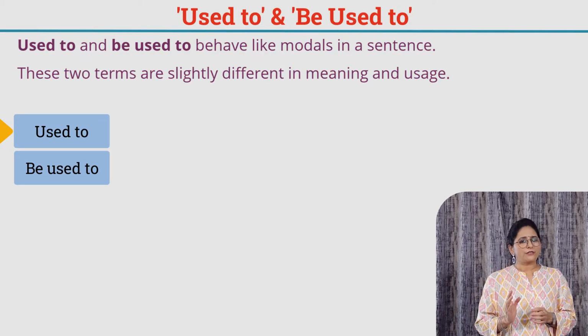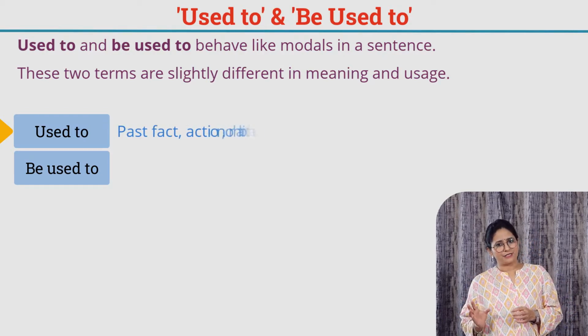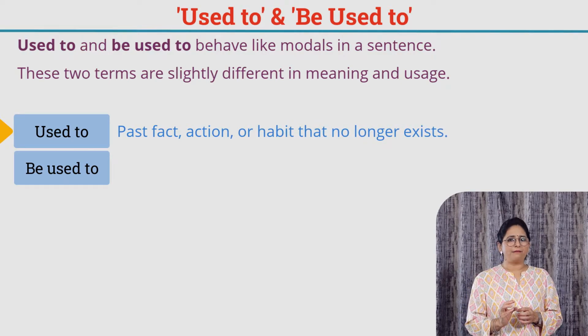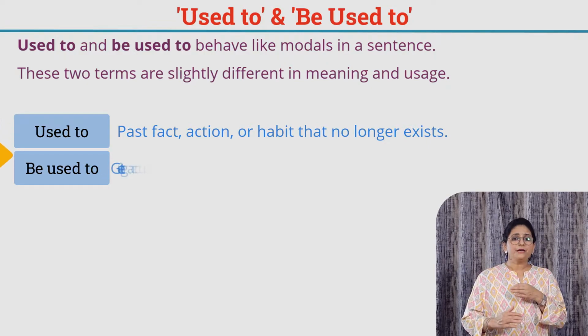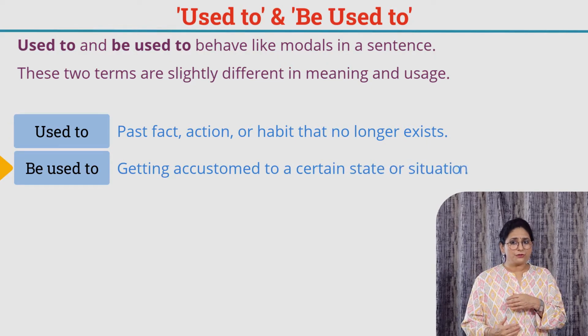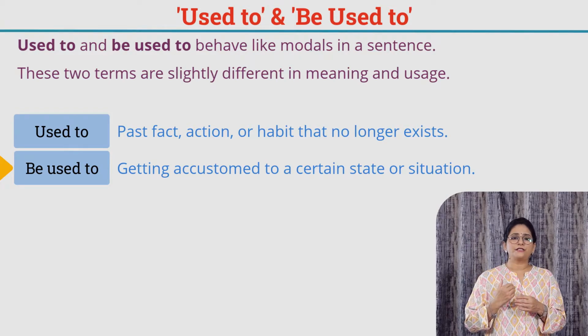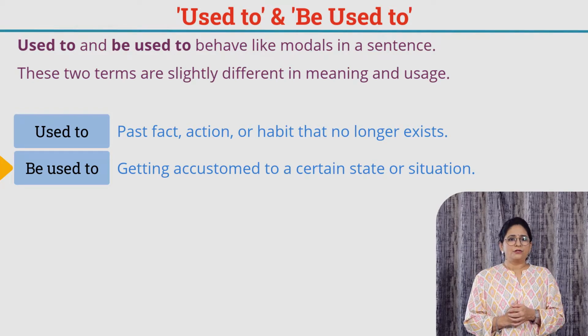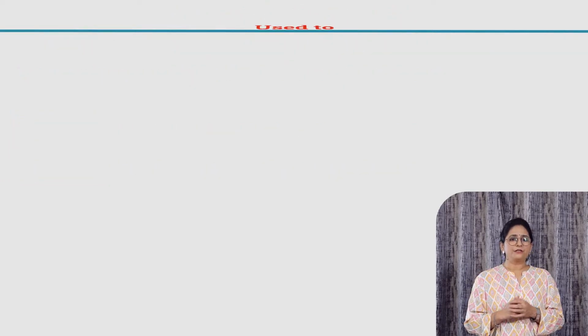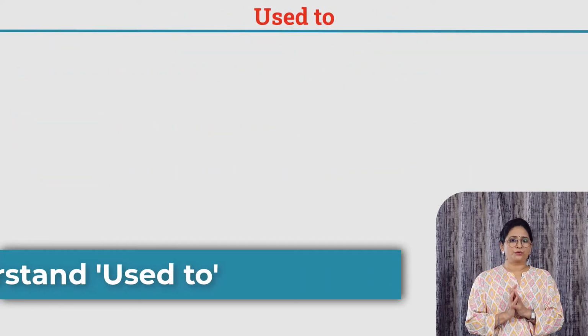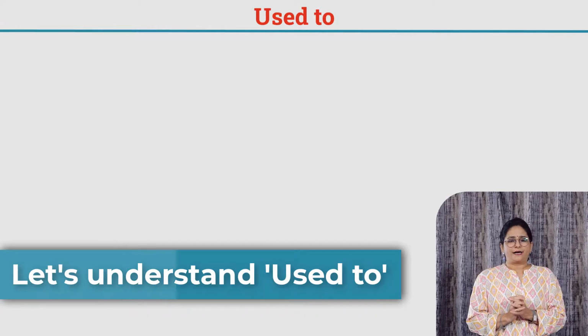Used to talks about a past fact, action, or habit that no longer exists. Be used to talks about being or getting accustomed to a certain state or situation. So, first is used to. Check the example.